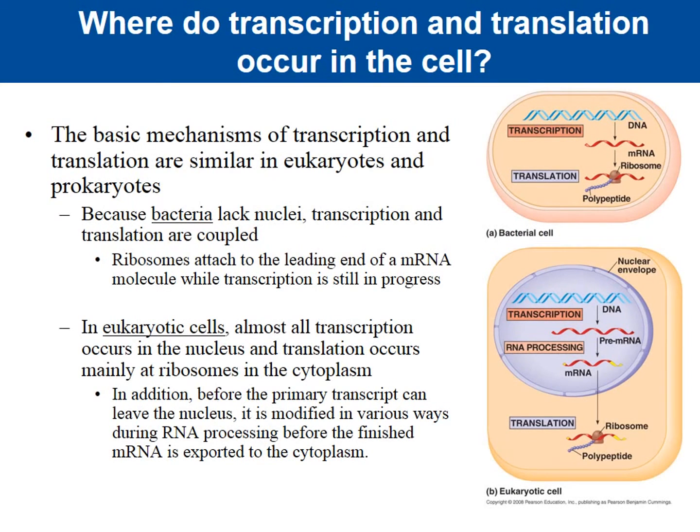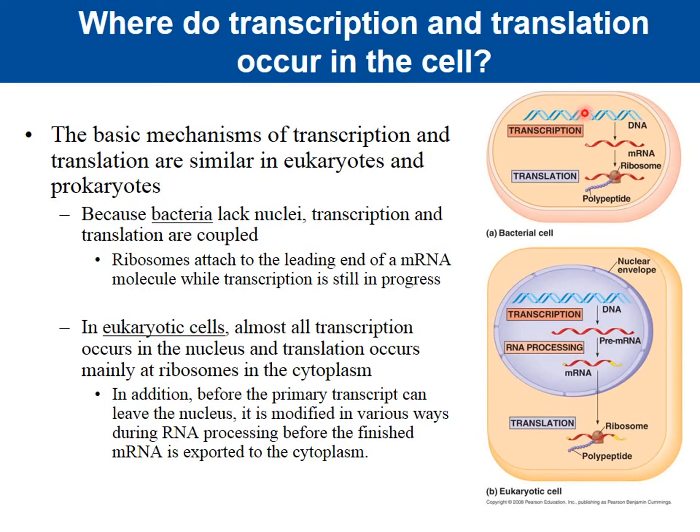Now, the first thing to consider is where transcription and translation occur in the cell. If you remember back to when we talked about prokaryotic cells and eukaryotic cells, prokaryotic cells like bacteria lack a nucleus. So in prokaryotic cells like bacteria, the DNA is not contained in a membrane-bound nucleus. Instead, it's in the cytoplasm.